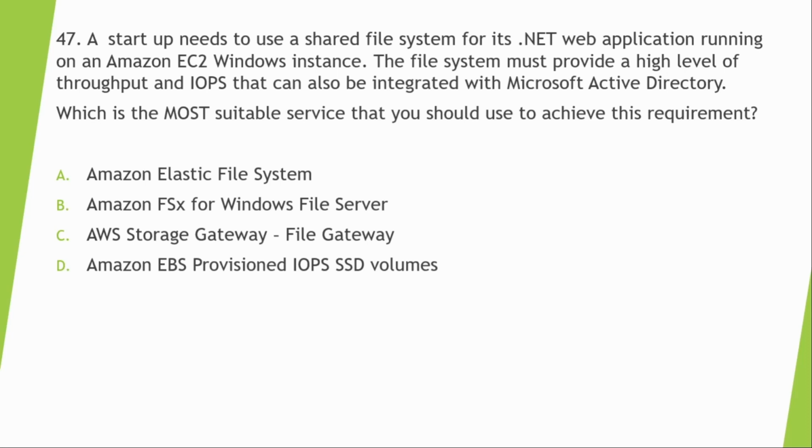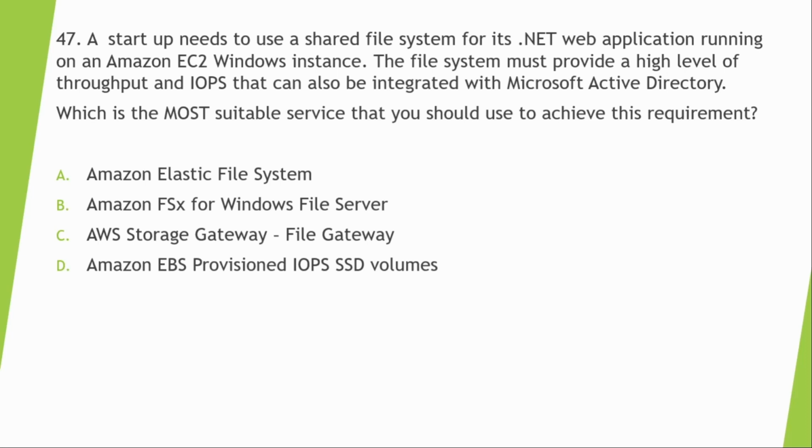So the only possible answer is what? FSx for Windows File Server. But we also have to think that it requires a high level of throughput and IOPS, as given in the question. FSx for Windows File Server can scale out storage to hundreds of petabytes of data with tens of GB of throughput performance and millions of IOPS.